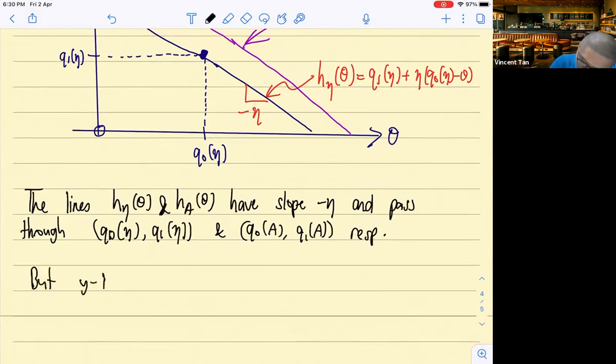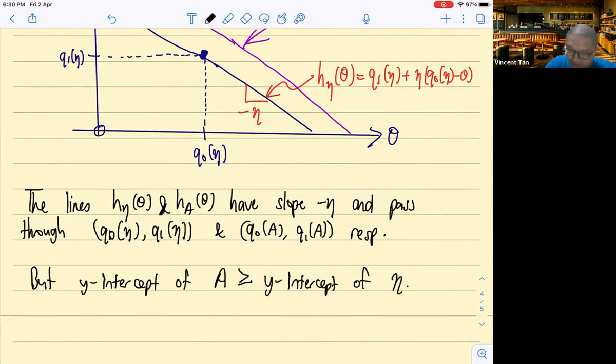But the y-intercept of A is bigger than or equal to the y-intercept of the threshold test with threshold eta. Okay.